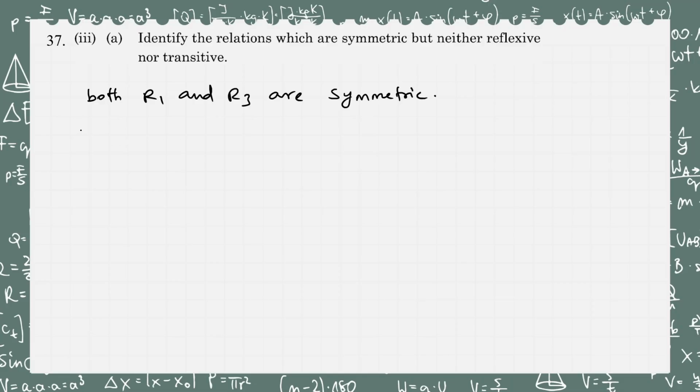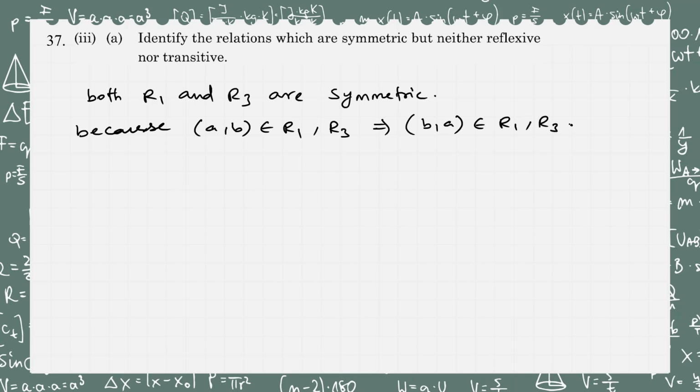Why? Because A, B belong to R1, R3 both implies B, A also belong to R1 and R3. Therefore, both of them are symmetric. But reflexive property and transitive property are not obeyed by them. So that we have to tell there.